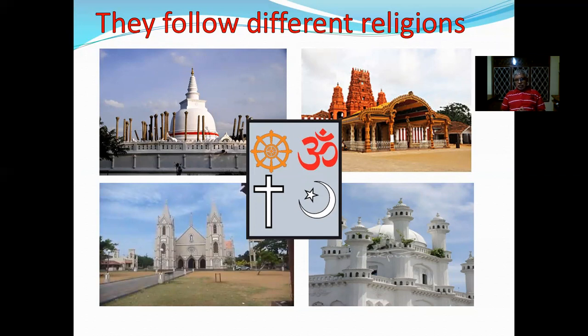Most Tamils practice Hinduism. It is represented by the Nallur Kovil here. Their symbol, the Om symbol, is connected here. Then this church is a religious place of the Christian or Roman Catholic people. This is the mosque, a religious place of the Muslim community. It is symbolized by this crescent and star.